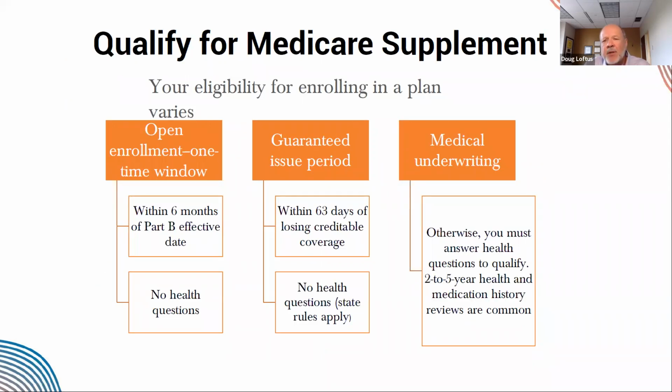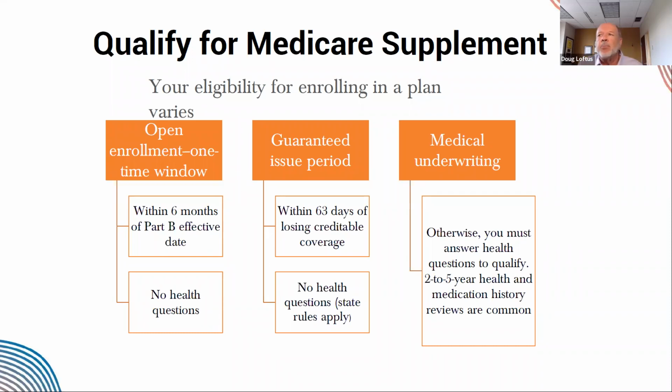Now, it's important that you understand how a Medicare supplement works, because enrollment is critical. At the point that you enroll in Medicare Part B, and Tom explained when the open windows are, you apply when you turn 65, which is when you become eligible for Medicare. We'll cover briefly, probably in the question section, late enrollment. You may be eligible for a special enrollment period, at which time you can enroll in Part B later without it being considered late.